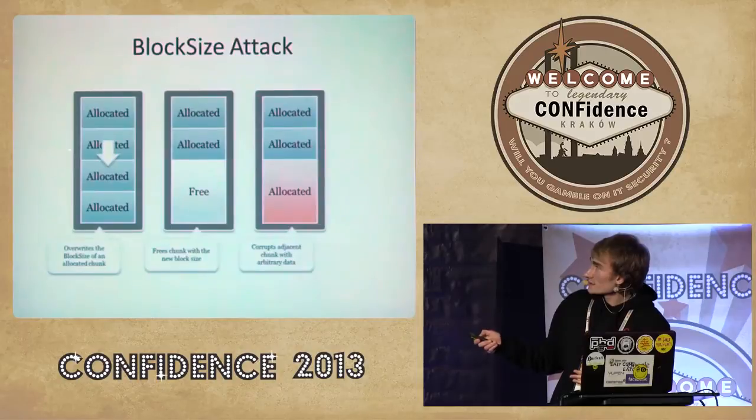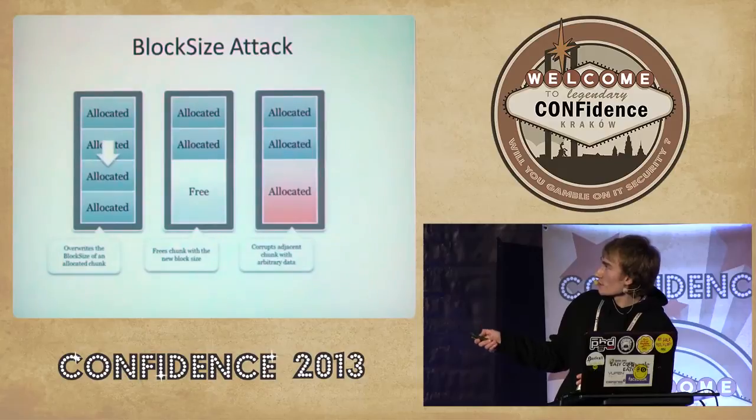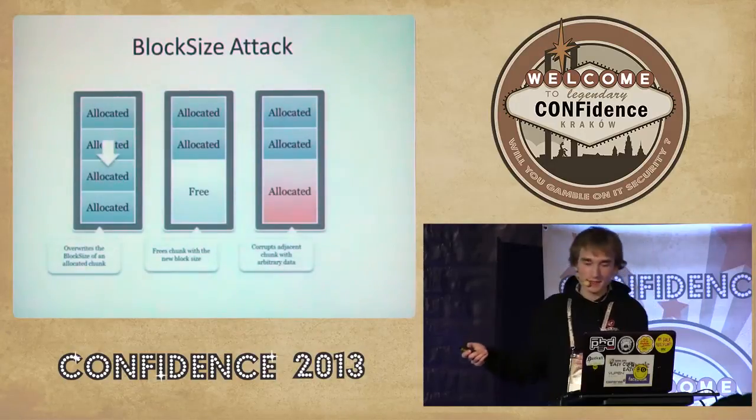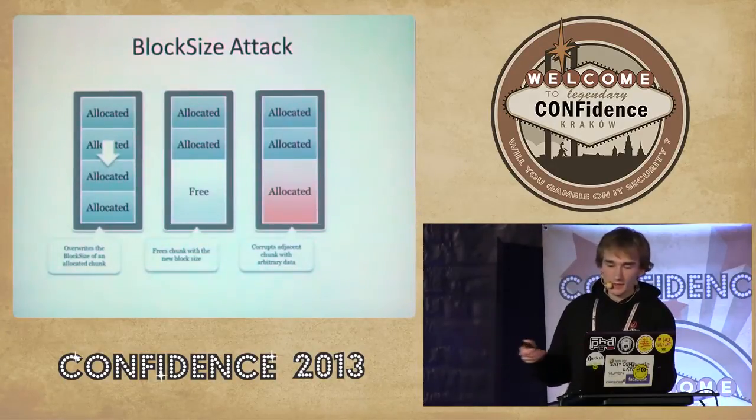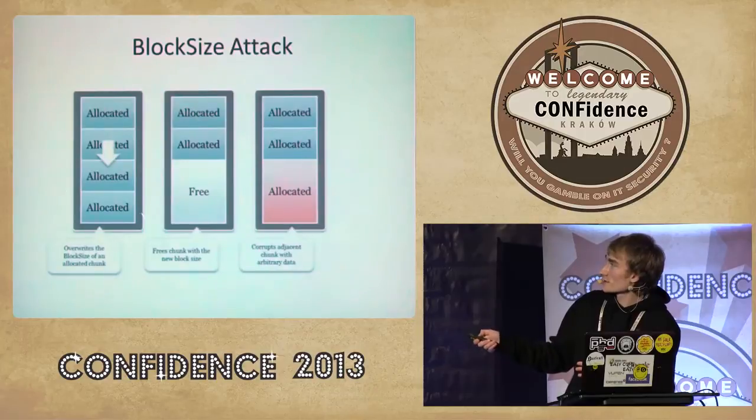So you overwrite the block size of this chunk, the next one is free, because you overwrite the block size of this chunk to fill the rest of the page. So the pool allocator thinks that there should be one big chunk that covers the end of the page. Next, you allocate with something controllable like a Unicode string and fill its memory. So basically, it leads to corruption of the data of this chunk.